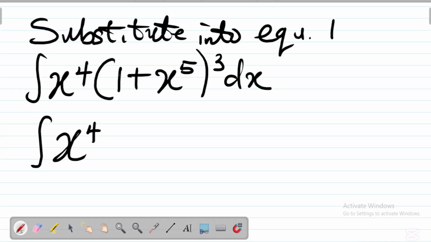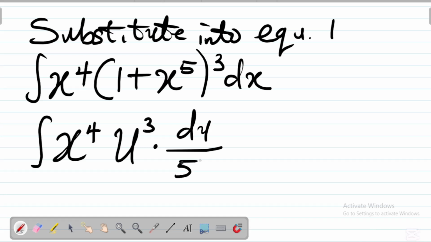Remember, we took 1 plus x raised to the power 5 as u. So we have u raised to the power 3 multiplied by dx, which from our calculation gives us du all over 5x raised to the power 4.